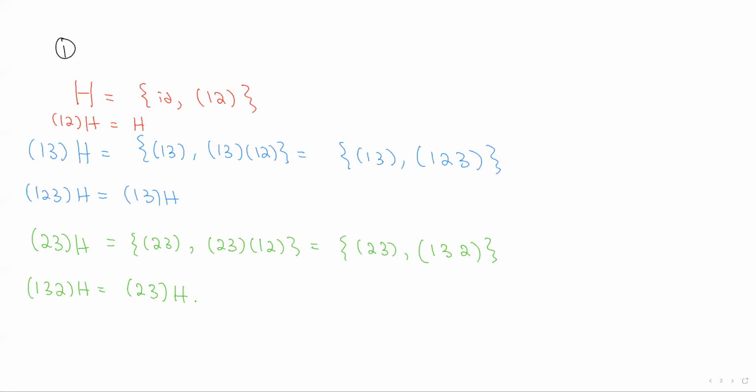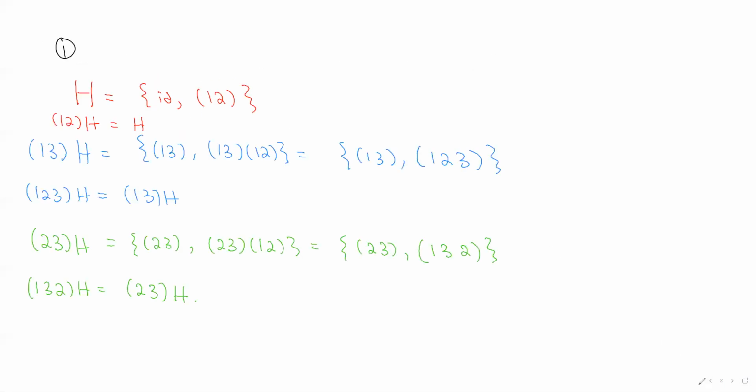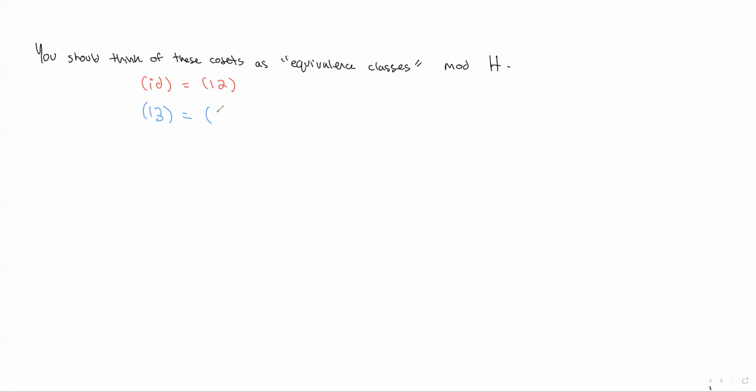And these are equivalence classes. So we have the identity equals (1 2). We have (1 3) equals (1 2 3). And we have (2 3) equals (1 3 2). This is mod H.